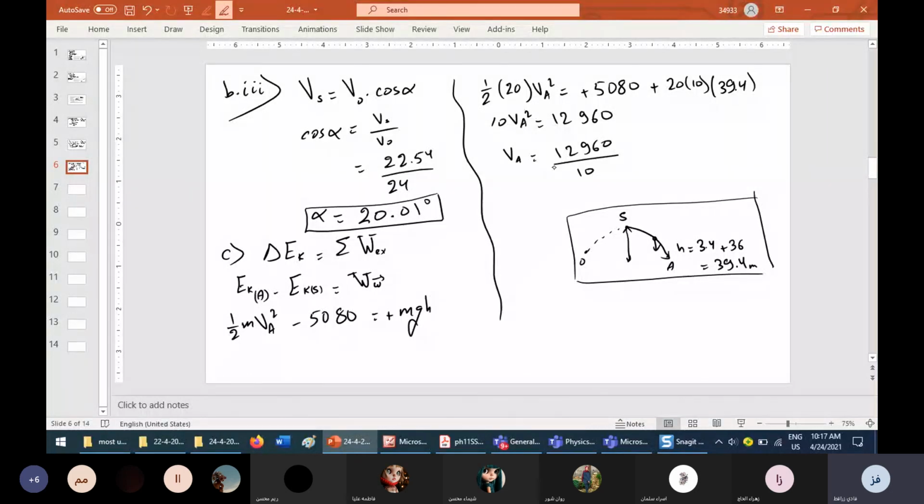If I want to remove the square I have to add a radical. So finally VA is 36, exact. Yes, thank you, dear. The question is completed. Okay, I will stop recording.